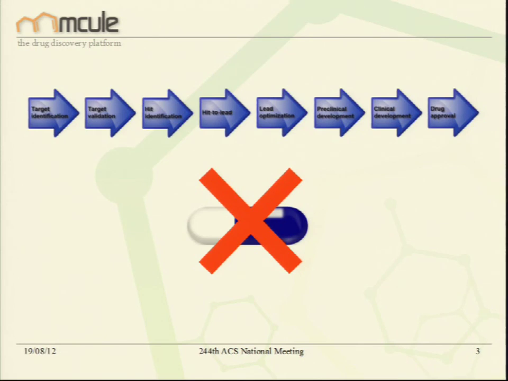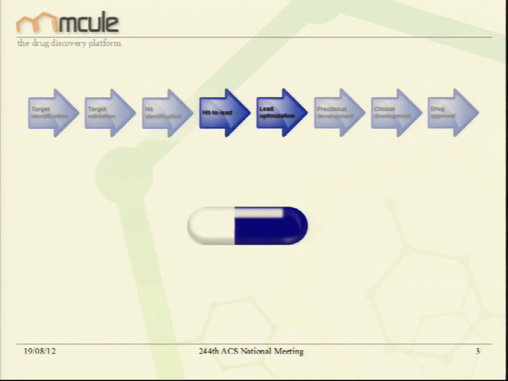Obviously you have to find the right target, validate the target, start with some suitable chemical starting points, optimize them properly, and so on. I will focus today on the hit to lead and the lead optimization phases, which are probably the phases that need the most collaboration.